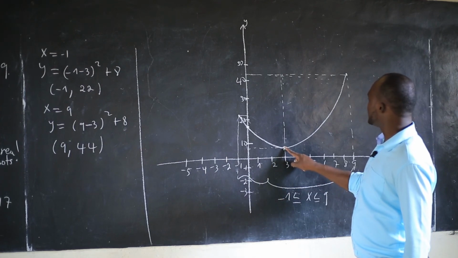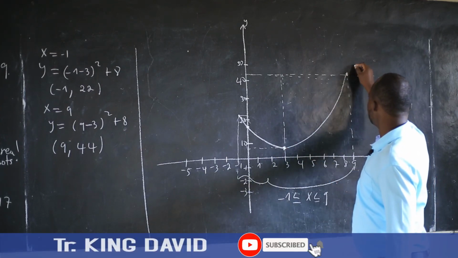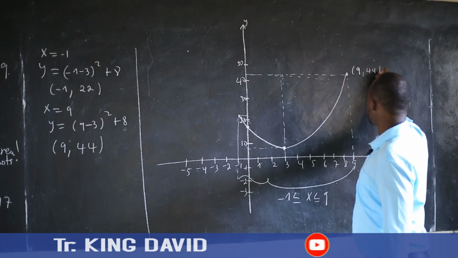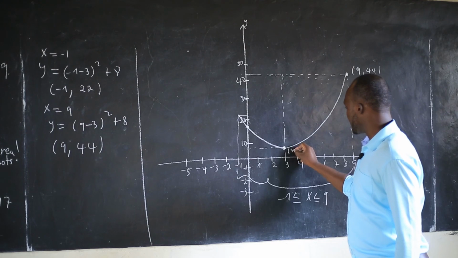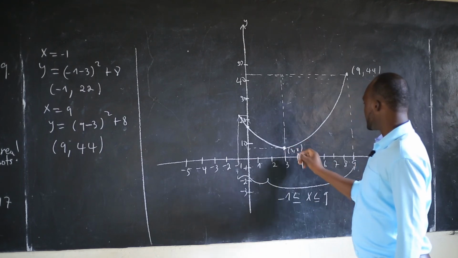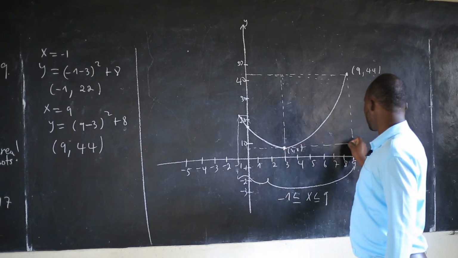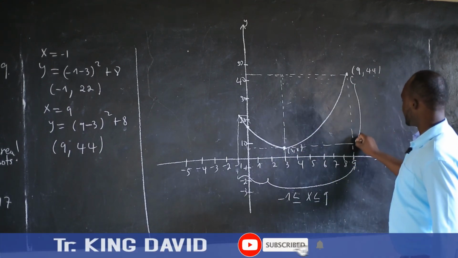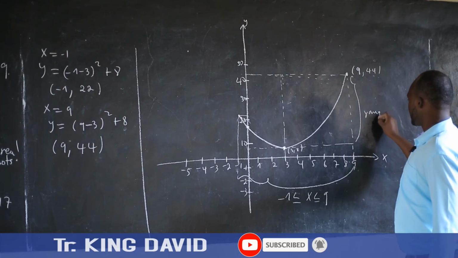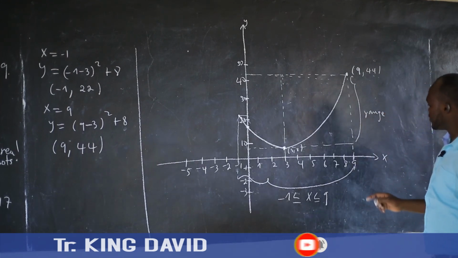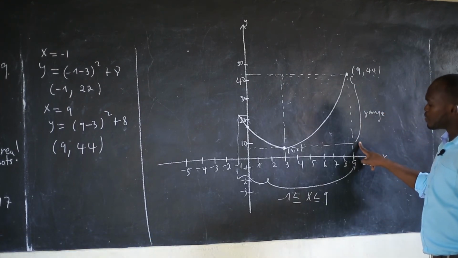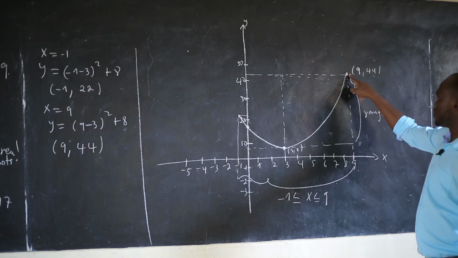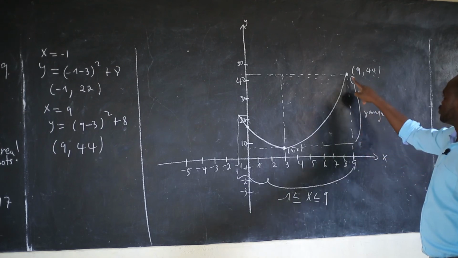So we are from 8, and this value is (9, 44), and this value is (3, 8). So the range is from here. Because this is the y-axis, the range is from 8 to 44.